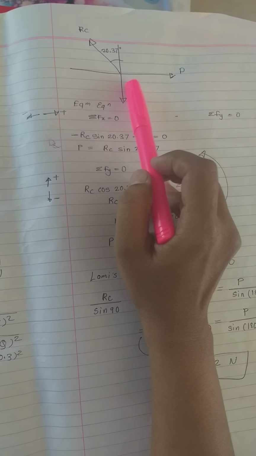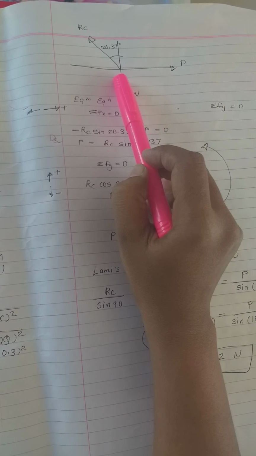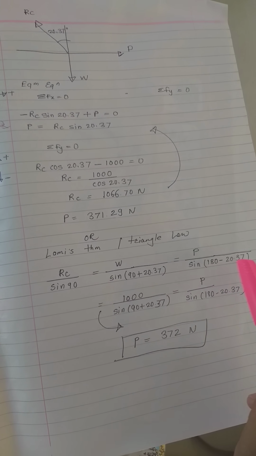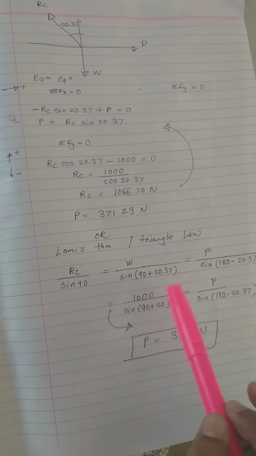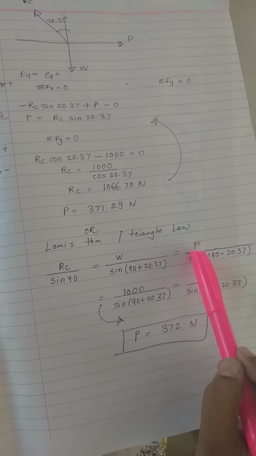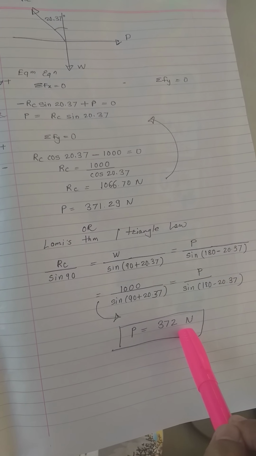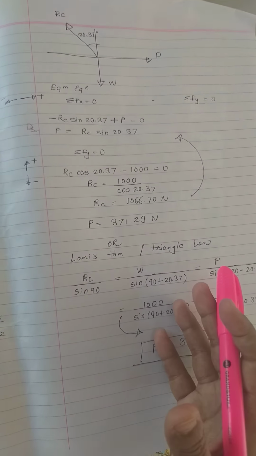Can I say 180 minus 20.37 is the remaining angle? Yes. So P divided by sine of 180 minus 20.37, and the value of W is known, 1000. You can equate both sides and you'll get the value of P, that is 372 Newton. Plus or minus 1 or 2 difference is okay.